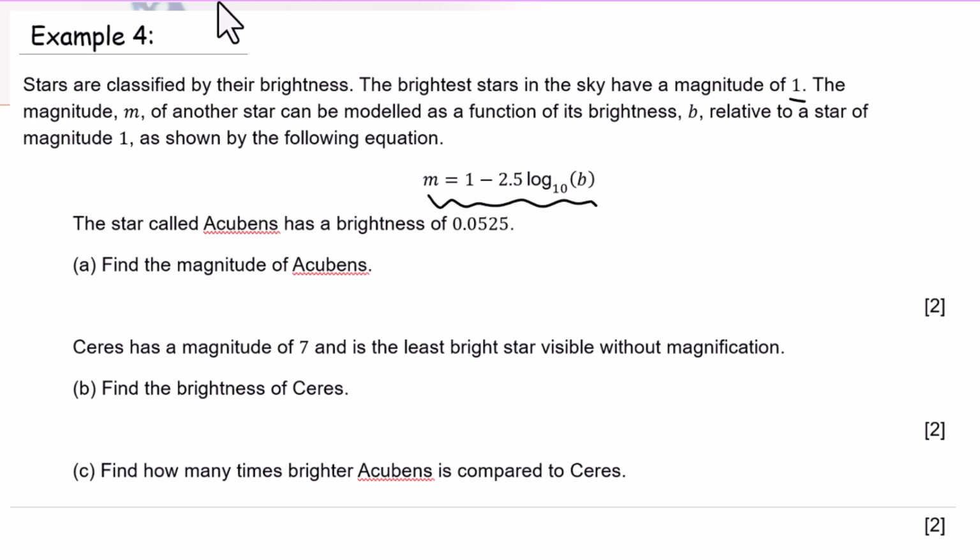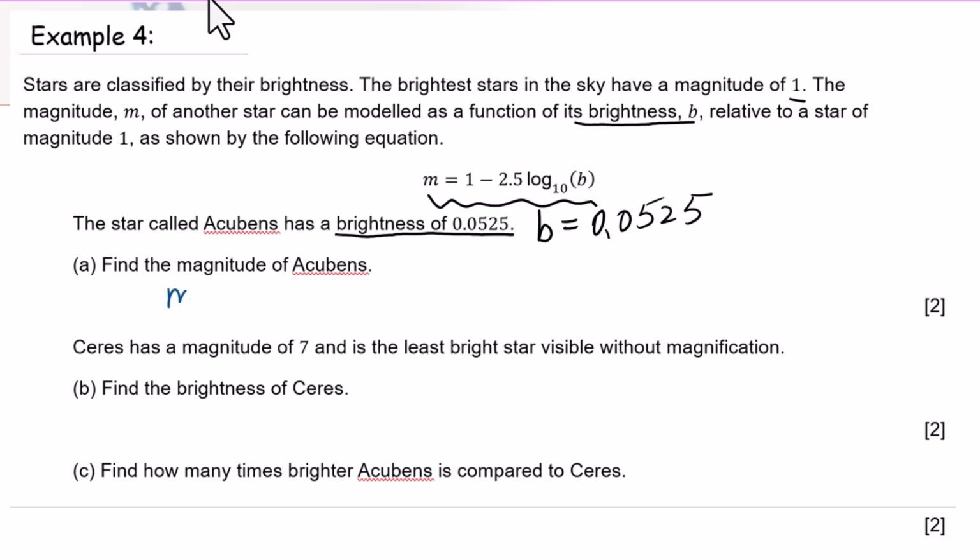We know b means the brightness. M is the magnitude. We are given brightness 0.0525, which means b equals 0.0525. So you need to do the substitution.